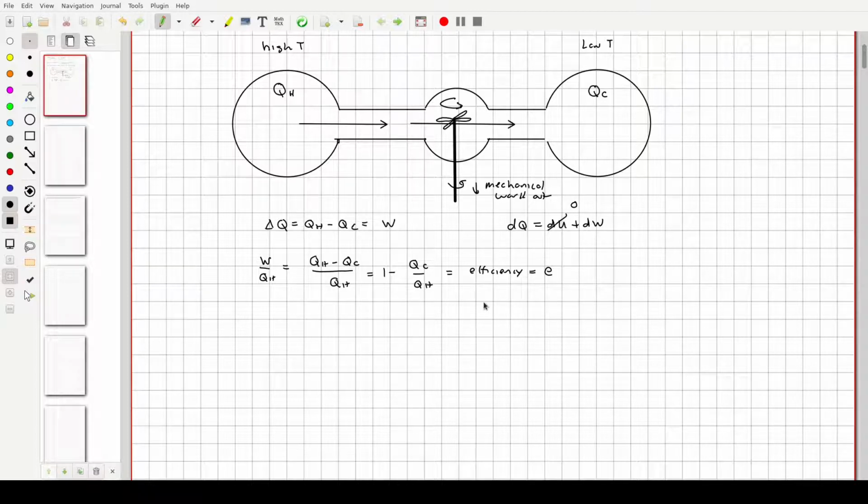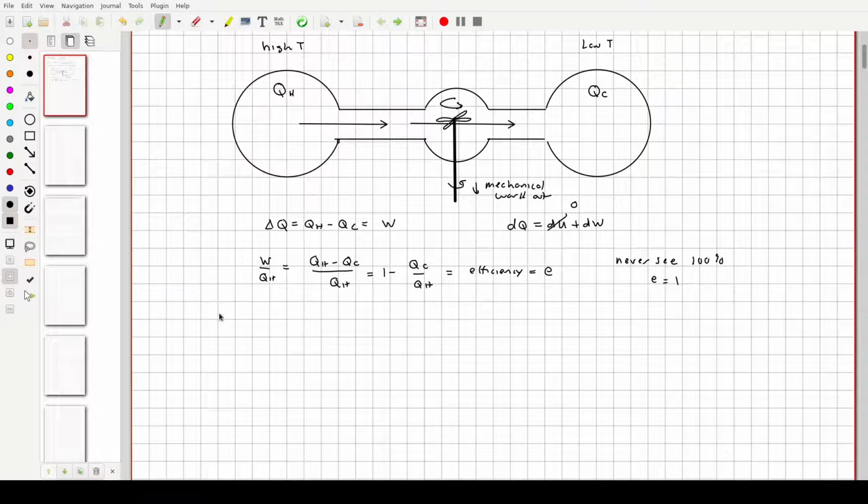Now, for reasons that I'll be talking about between this video and the next video, that's just not possible. And so you never see 100% efficiency. 100% would be an e of 1. And that's another way that you can state the second law of thermodynamics.